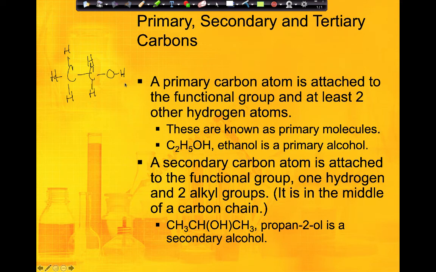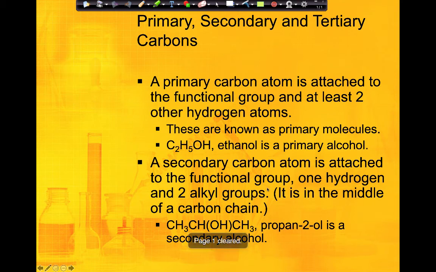So if you have a carbon that's attached to at least 2 hydrogens, that's going to be considered primary. A secondary carbon is going to be attached to the functional group and then 1 hydrogen and then 2 other carbons essentially. So a secondary carbon is going to be attached to 1 hydrogen, a primary carbon will be attached to at least 2, and then a tertiary will be attached to 0.